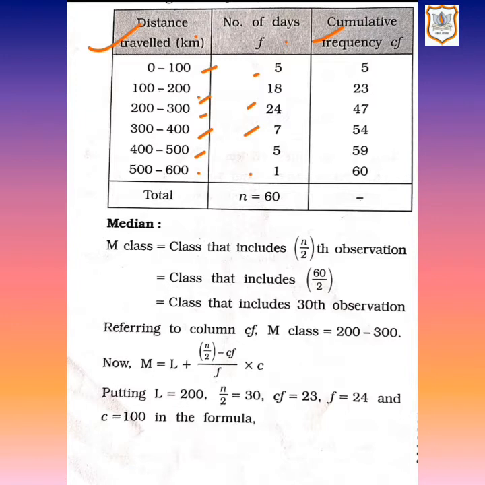First we'll write 5, then we'll keep on adding. 5 plus 18 is 23, 23 plus 24 is 47, 47 plus 7 is 54, 54 plus 5 is 59, 59 plus 1 is 60. So we have taken out the cumulative frequency. And here we have totaled the column of frequency, that is sigma f or n. N is 60.